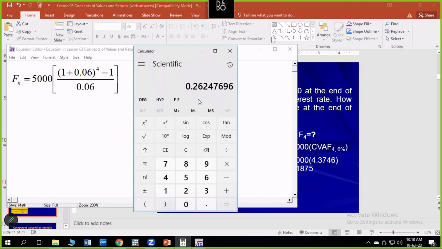Then you divide it by 0.06. So you can get this figure.